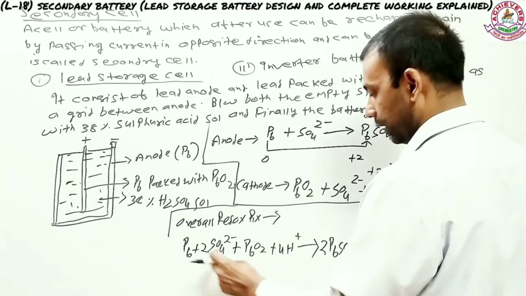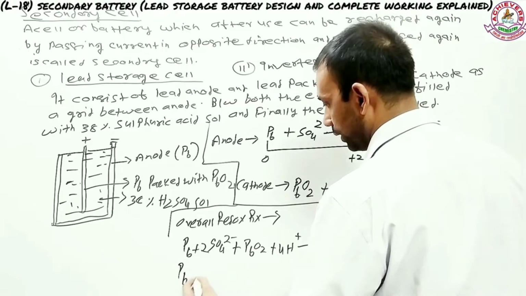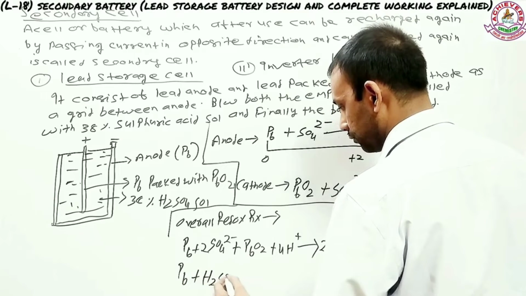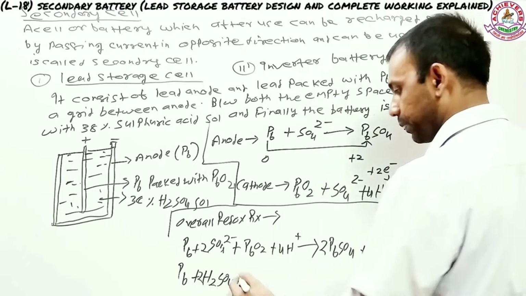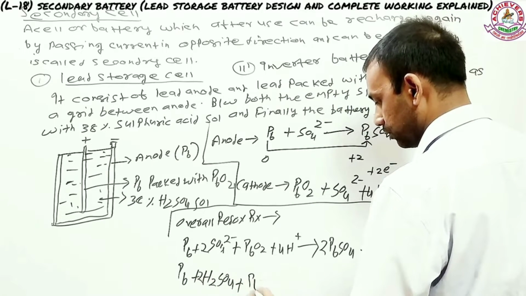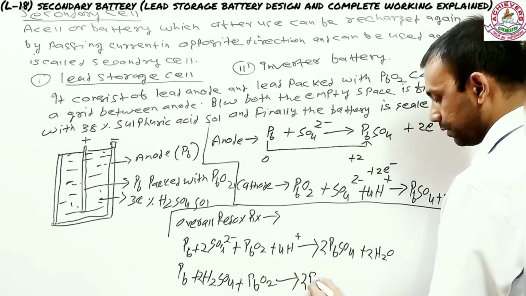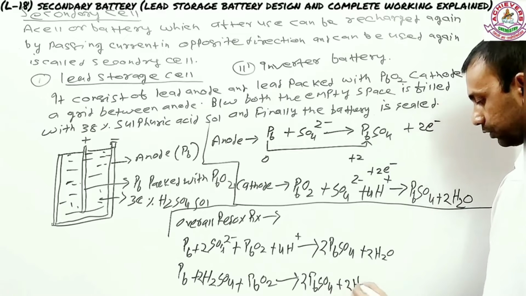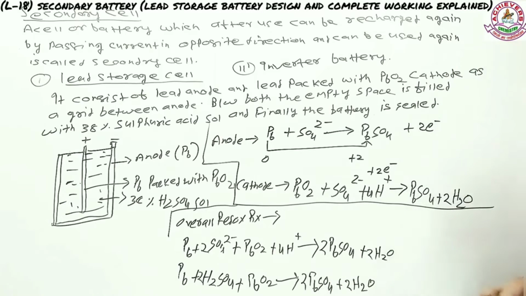Another thing you can do is add the sulfate and hydrogen ions together, so this becomes Pb plus 2H2SO4 plus PbO2, which react to produce 2PbSO4 plus 2H2O. So this is the overall reaction for the lead storage cell.